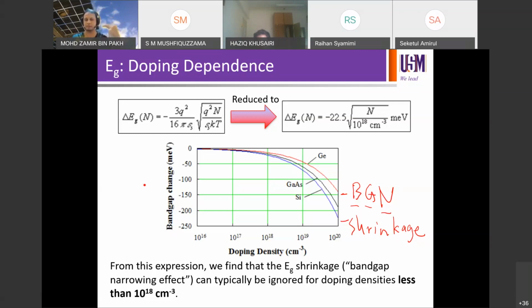Some may need intrinsic, some may need 10^16, some 10^19, some 10^18. There's no one answer for that. It really depends on the requirement of every single layer in order to make the device function properly, right? So at least now we know that if you dope at higher doping levels, we'll suffer a little bit on the band gap shrinkage, which will affect the properties of your materials and your devices.